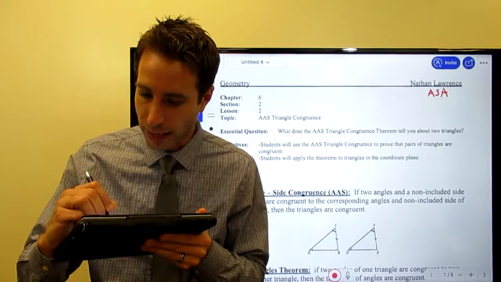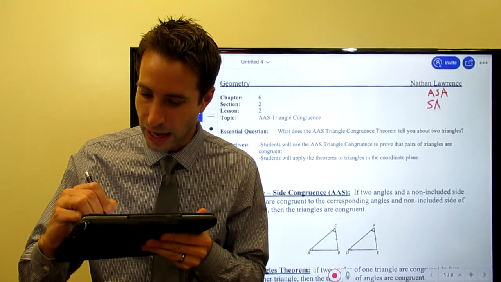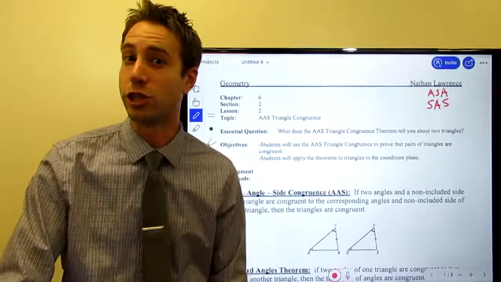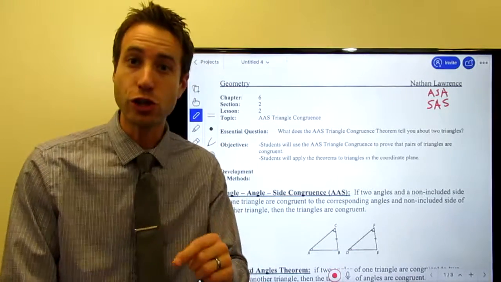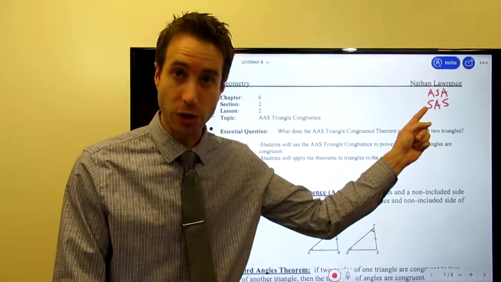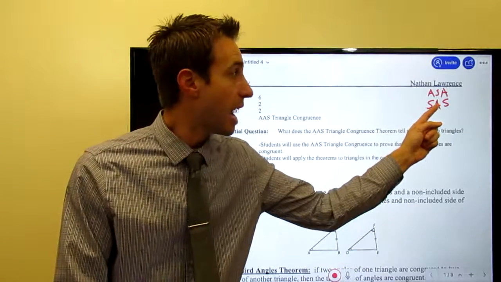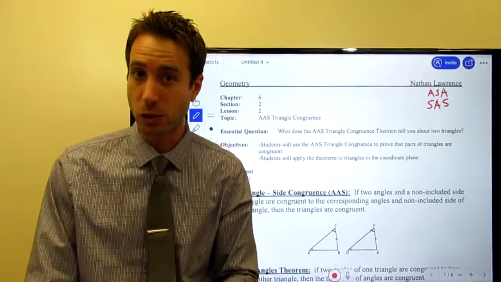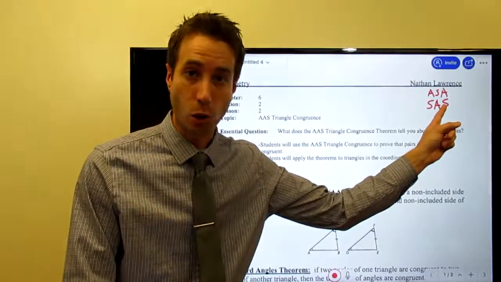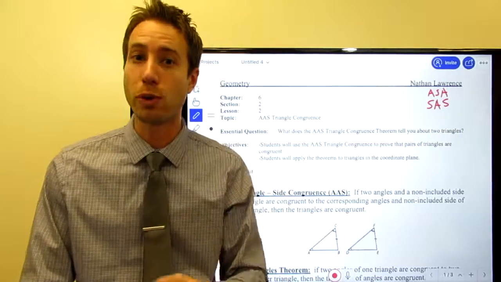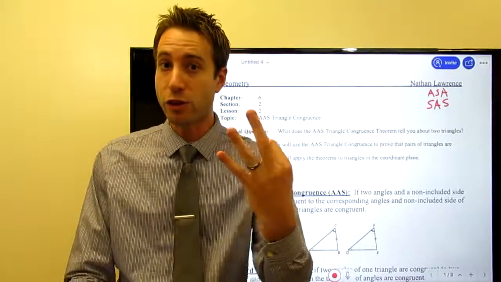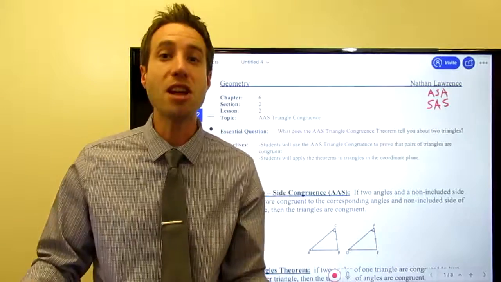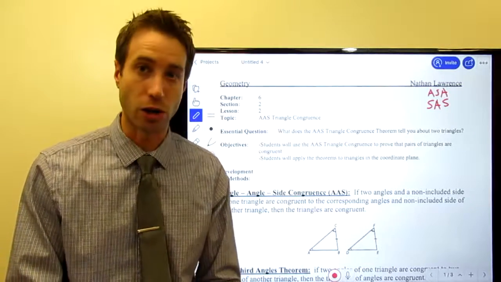From there, we took a look at side, angle, side, which says all I have to do is show that 1 corresponding pair of sides, an included corresponding pair of angles, and another corresponding pair of sides are congruent in 2 triangles, and proving those 3 things is enough to prove the triangles are congruent.